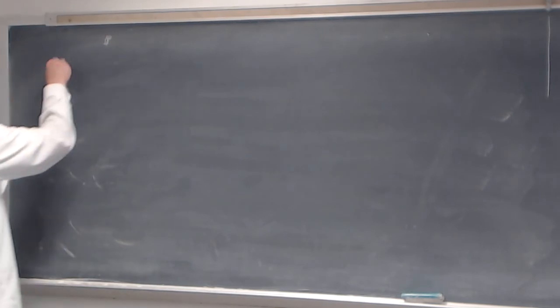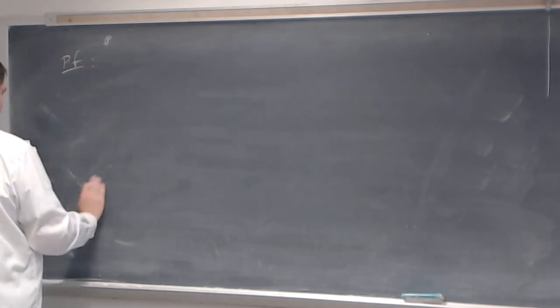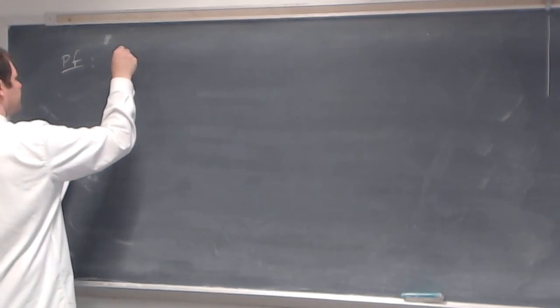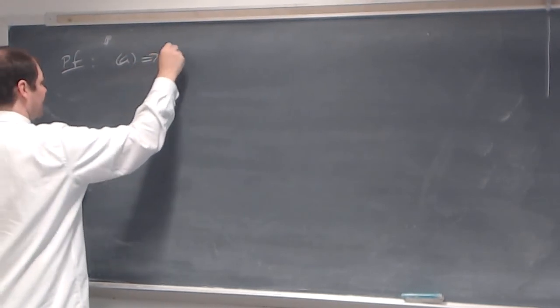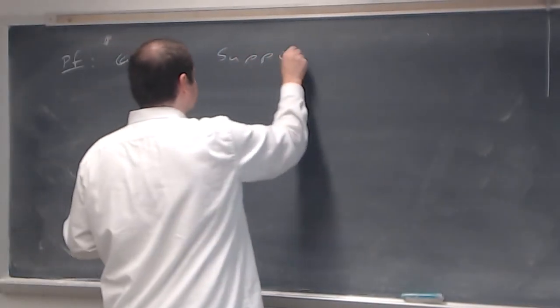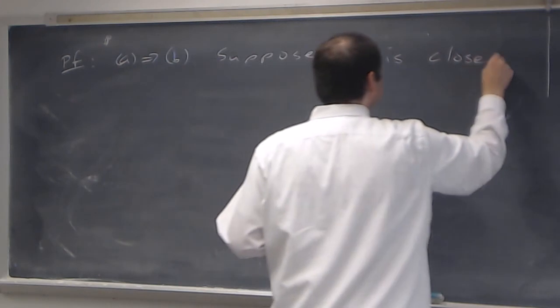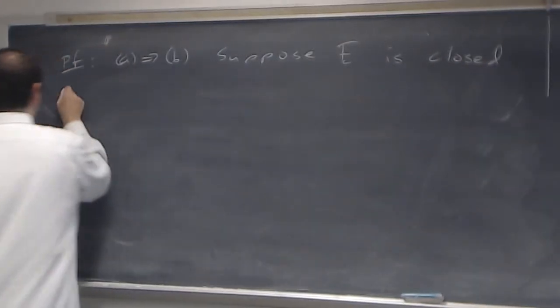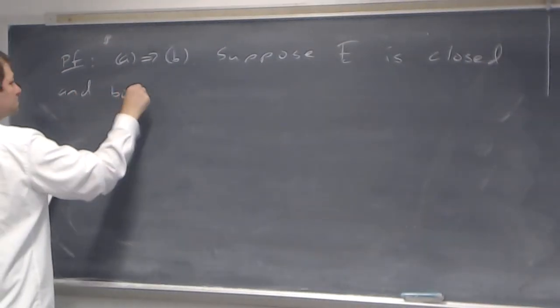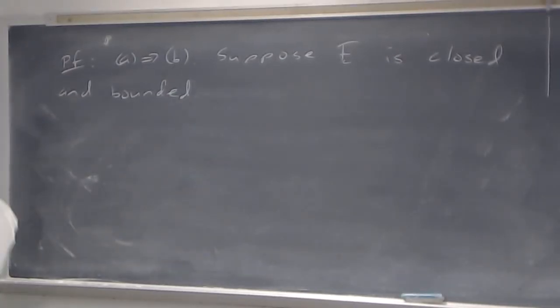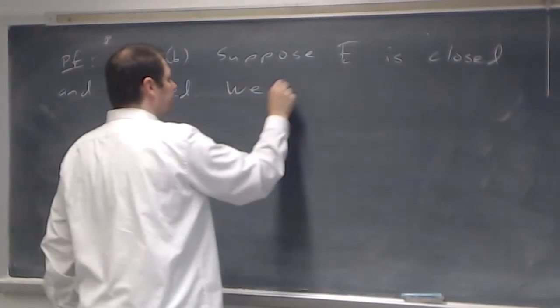So here's the proof. First we'll show that A implies B. So we suppose E is closed and bounded. We want to show E is compact.